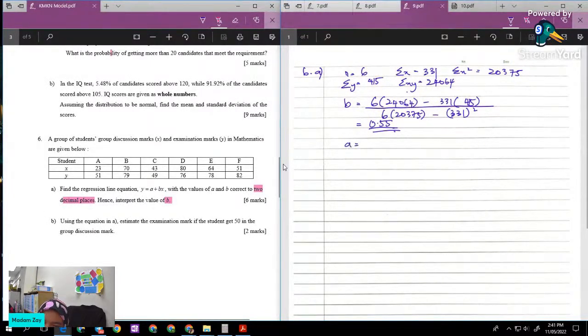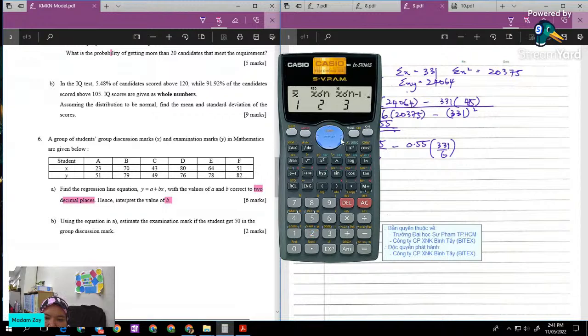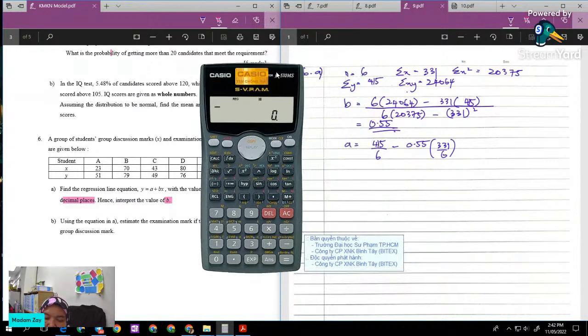A kita adalah summation of Y, which is 415 divided by 6 minus 0.55 of 331 over 6. So, tekan kalkulator pun boleh. Shift 2 ke kanan. So, tingkat nombor 1 equal to 38.65. Tapi ingat soalan jawapan ni dia guna nilai yang exact for B. Kalau nampak macam lebih kurang tu tak apalah. So, 415 over 6 minus 0.55 of 331 over 6.